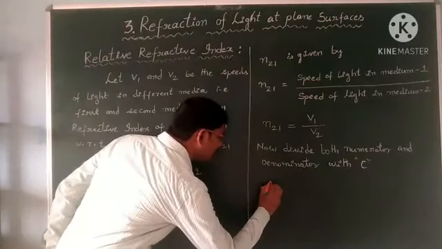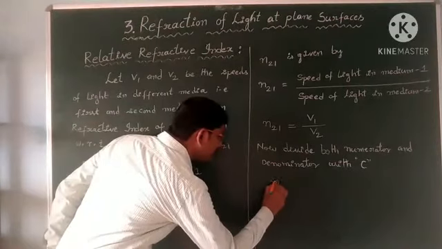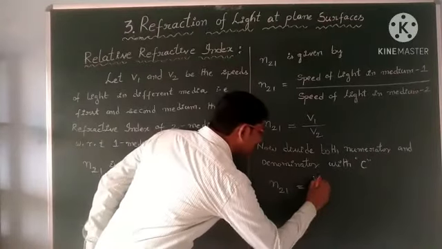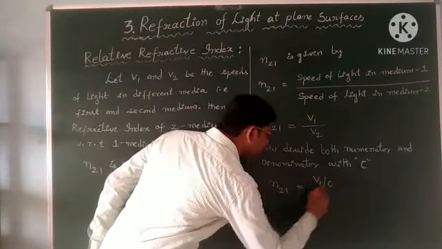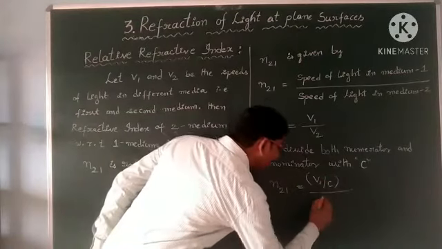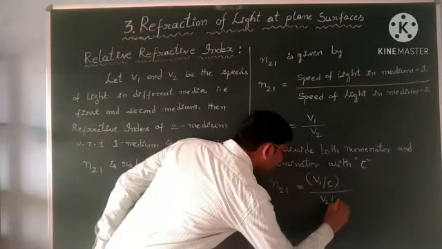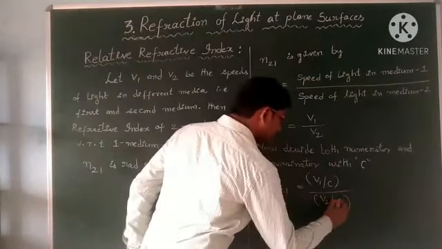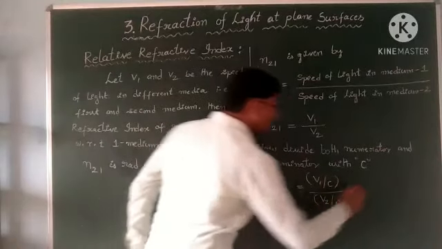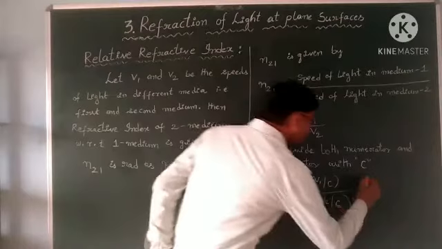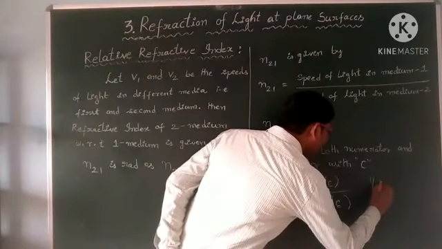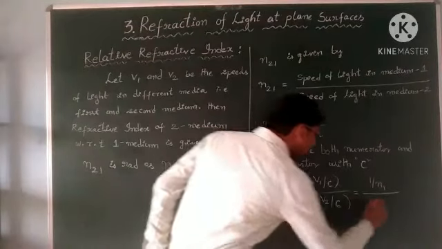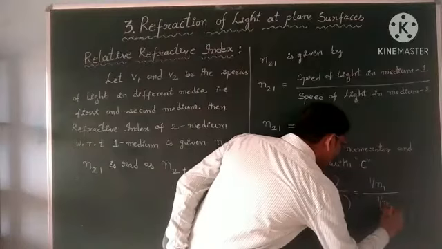Then we will get n21 equal to v1 by c and v2 by c. This v1 by c can be written as 1 by n1, and this can be written as 1 by n2.